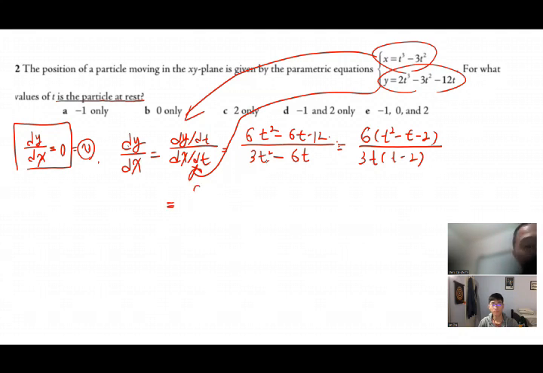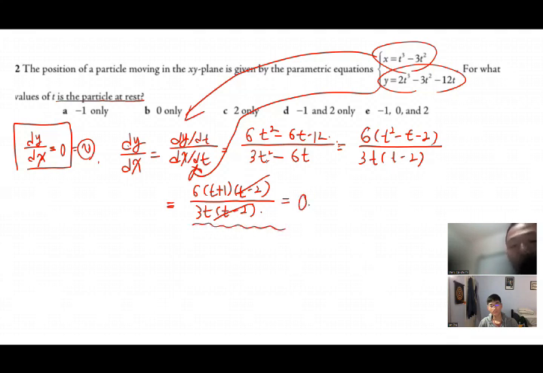So that is 6 times t plus 1 times t minus 2 over 3t times t minus 2. So t minus 2 exists in the numerator and denominator, and they cancel each other. And that should equal 0.